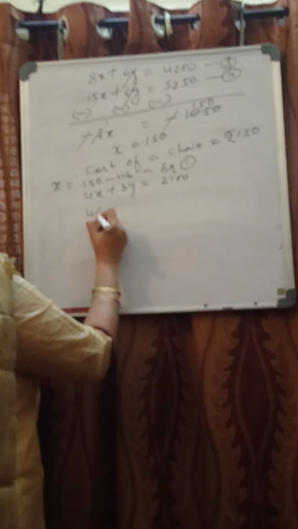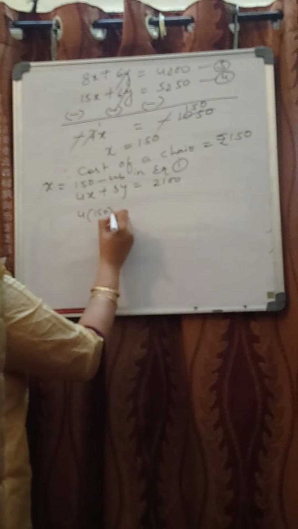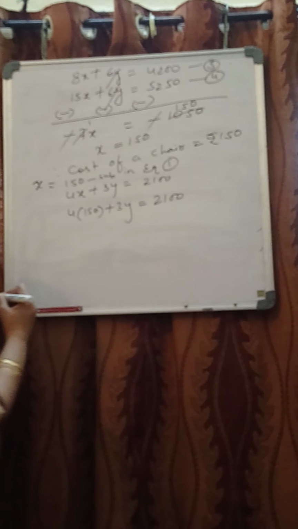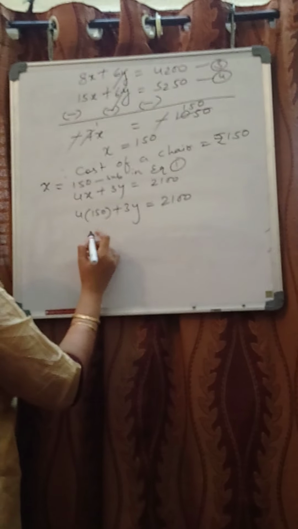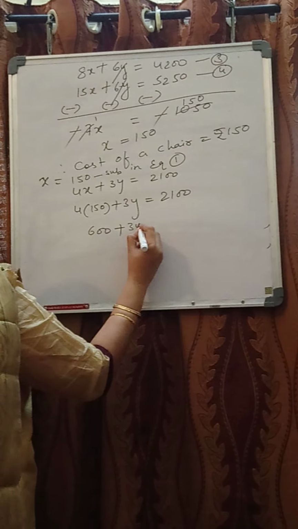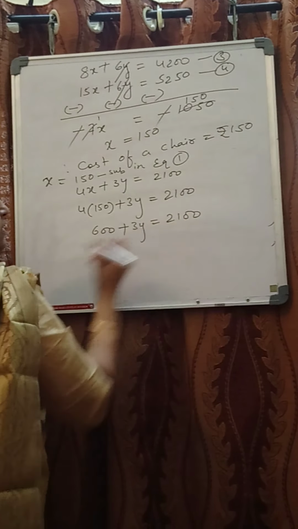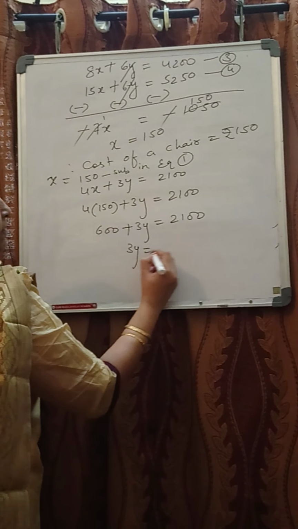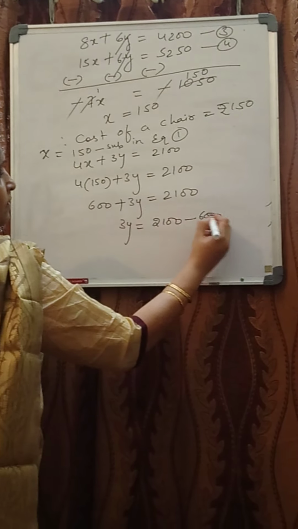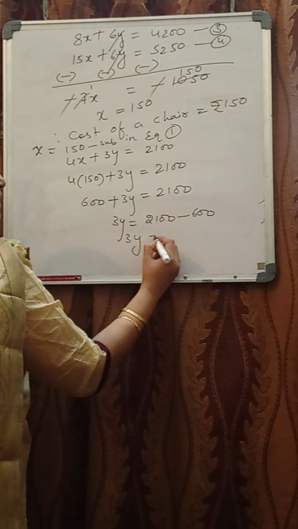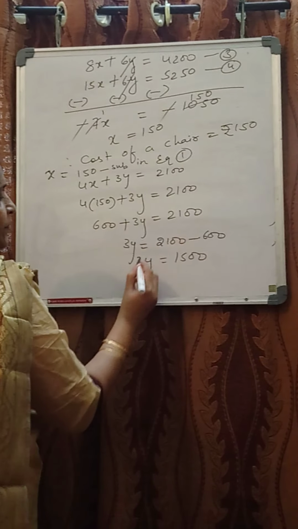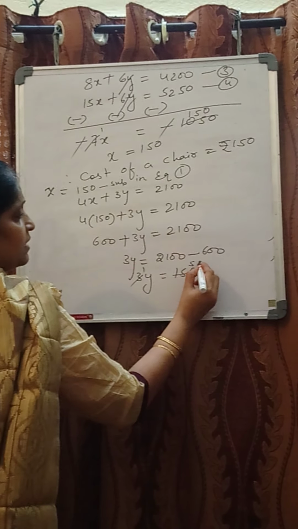4 into x value, 150, plus 3y is equal to 2100. So 150 into 4, 150 4s are 600, plus 3y equal to 2100, children. Now 3y equal to 2100 minus 600. 3y is equal to 21 minus 6, that is 1500. 3 5s are 15, 0 0.